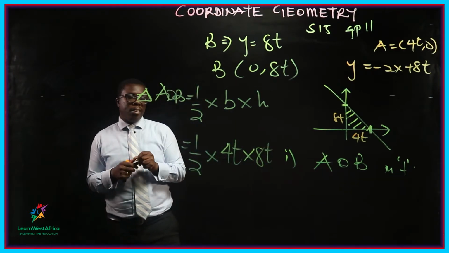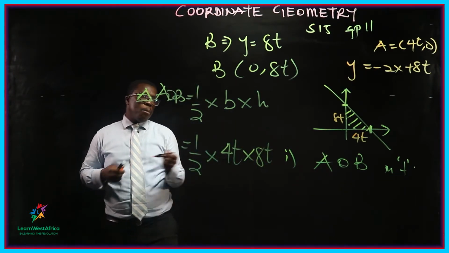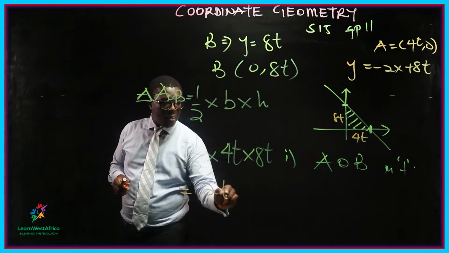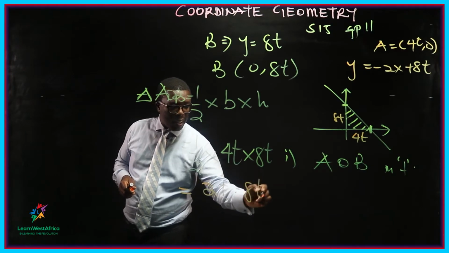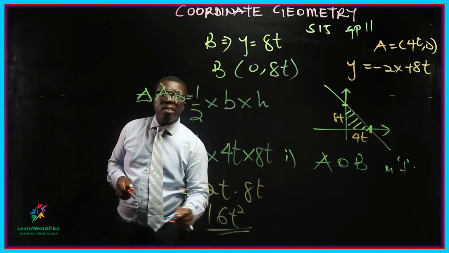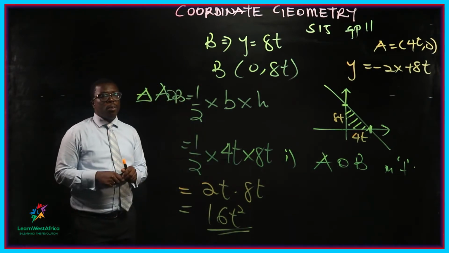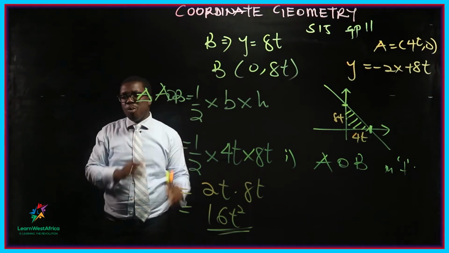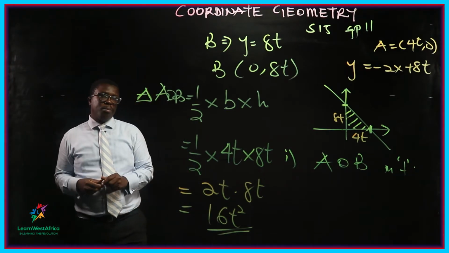So what do we get? We are going to have, clearly, 2t times 8t, and that's going to give you 16t squared. So that's the area of the triangle AOB. Hope that is clear. So we are done with the first part of the problem.